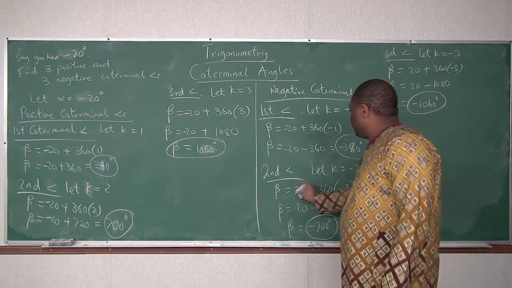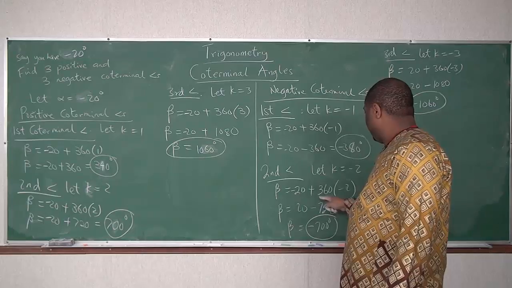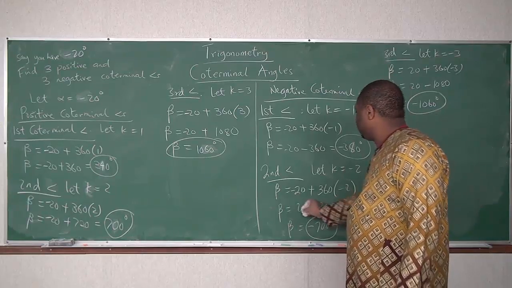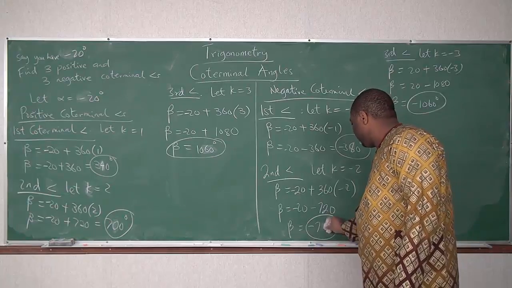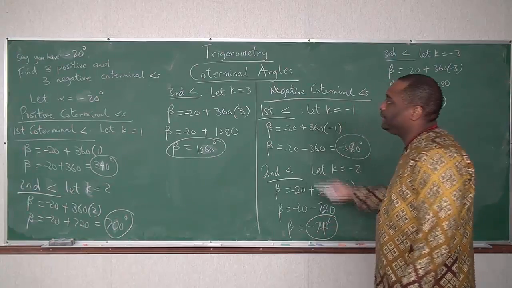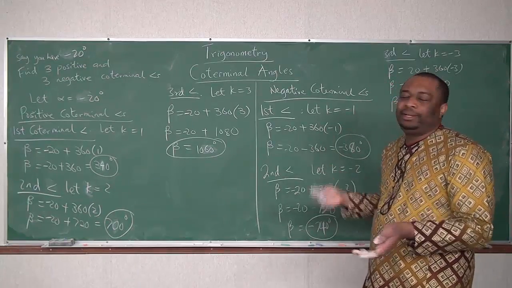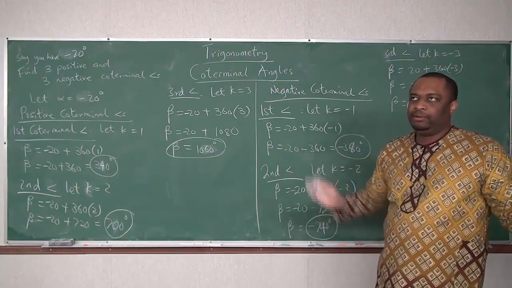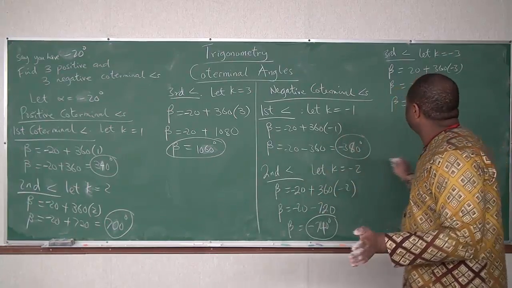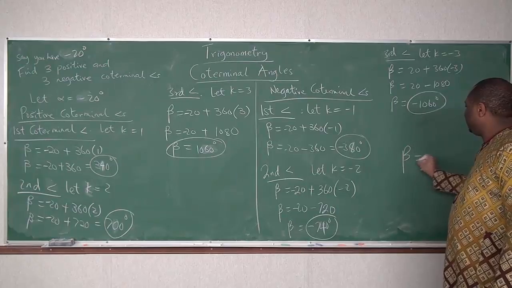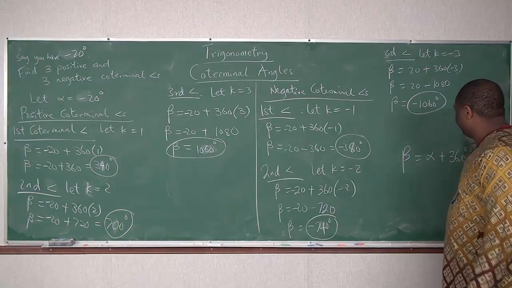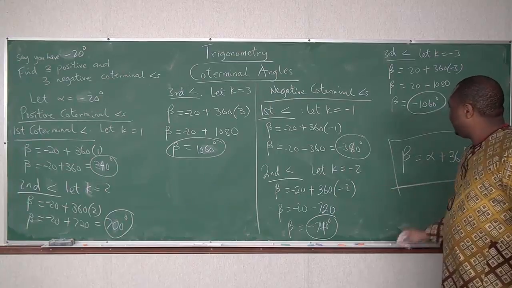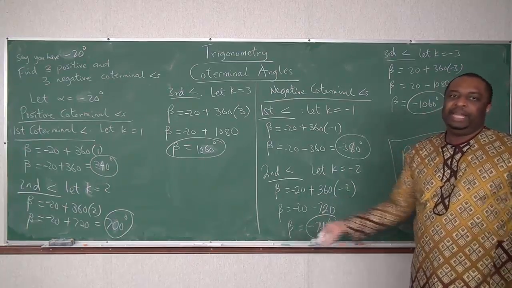Here will be negative 20 plus 360 times negative 2. Negative 20 minus 720 will give us minus 740 degrees. The same way, it doesn't matter whether it's a positive angle or a negative angle. You just use that beta is equal to alpha plus 360 degrees times K, where K is a positive or negative integer.